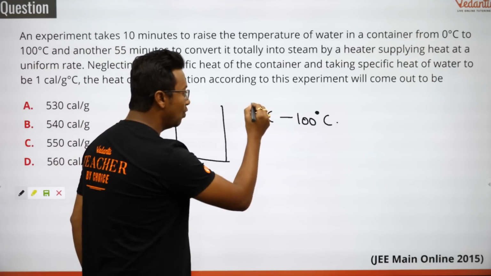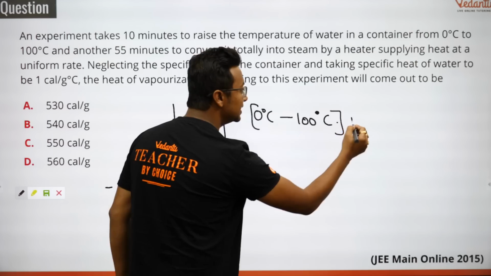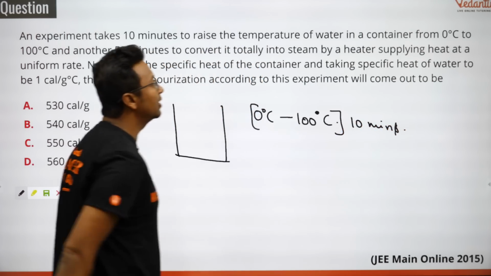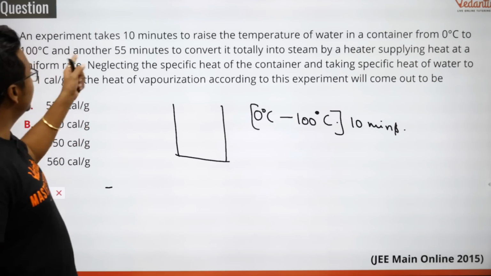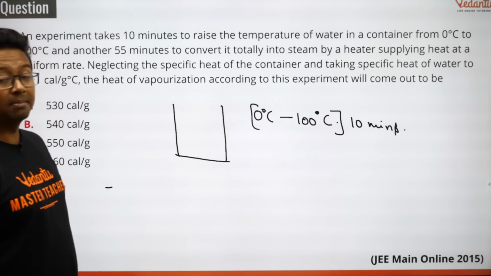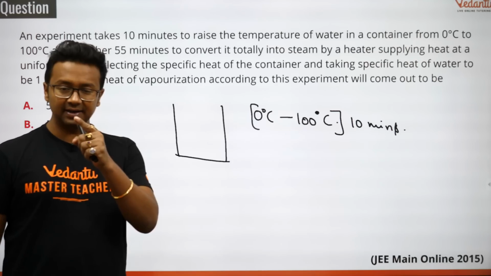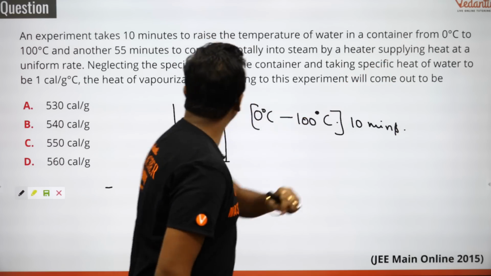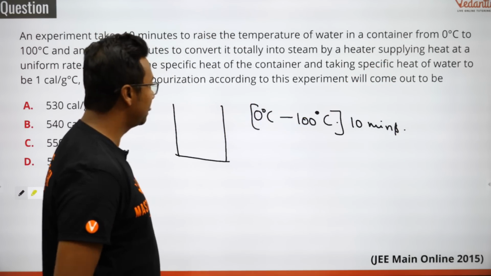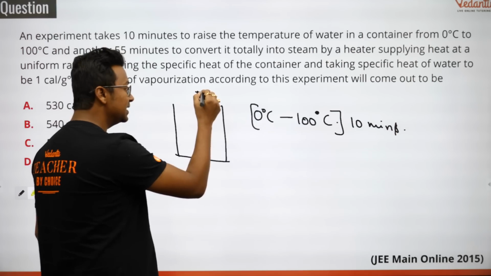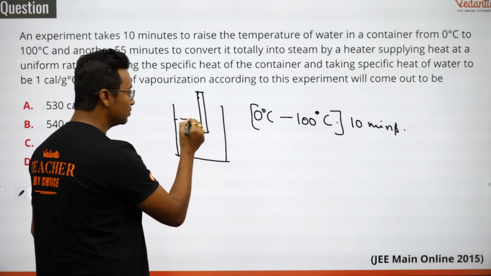So overall time was taken as 10 minutes. Now, another 55 minutes to convert it totally into steam by a heater. Look at that, again the same concept, by the heater, supplying heat at a uniform rate. That means, let's say that this heater was present again in this water.